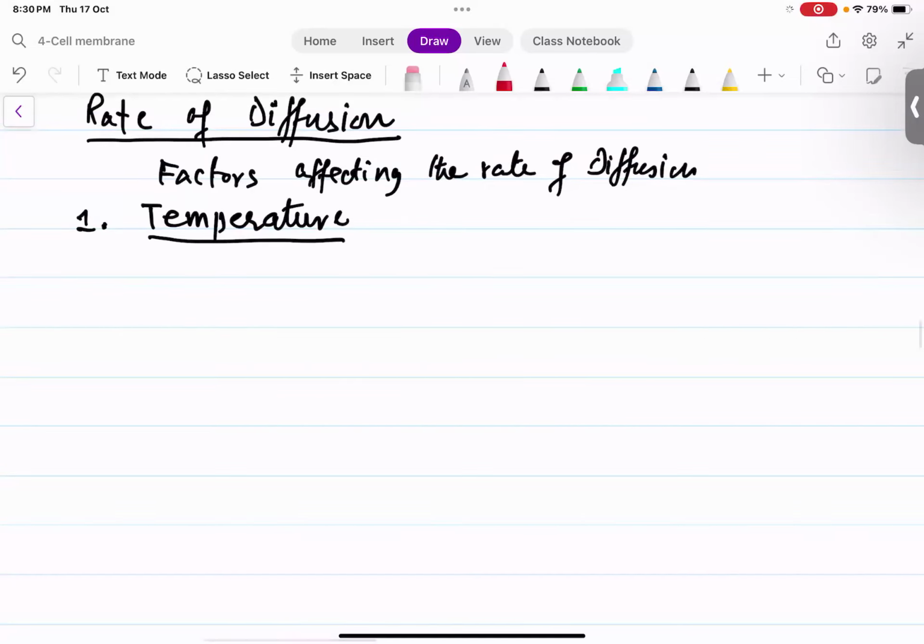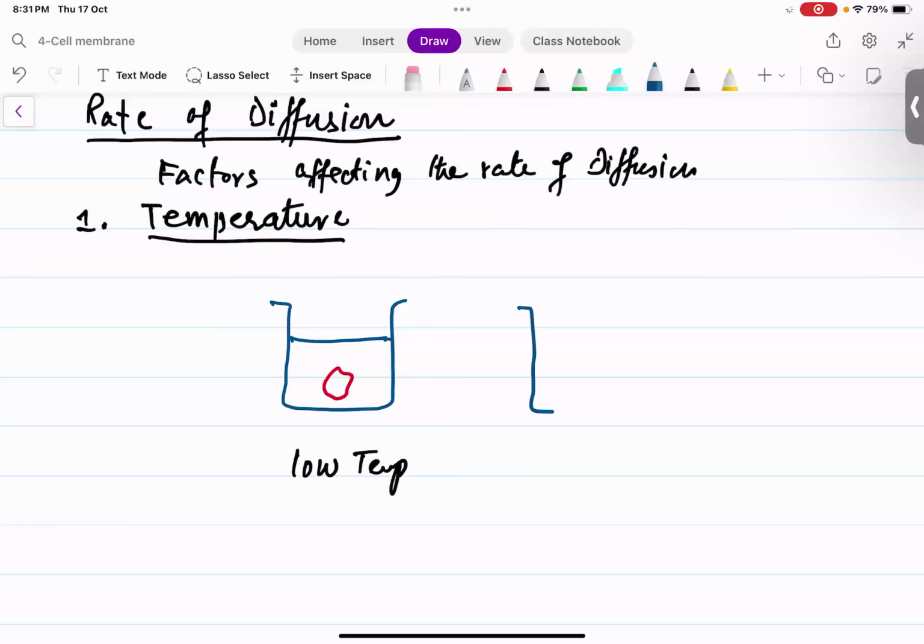For example, as I said earlier, if this jar half filled with water contains crystals of potassium permanganate, and this water is at low temperature, it would take longer for the crystals to dissolve thoroughly in the water. But if we increase its temperature to boiling, this would increase the random motion of the water molecules and the potassium permanganate molecules.